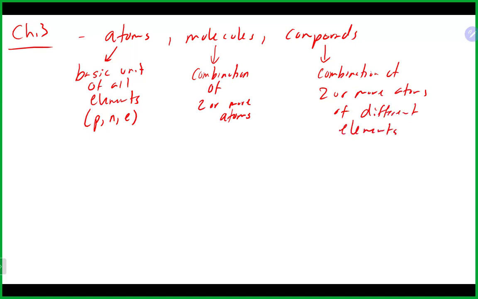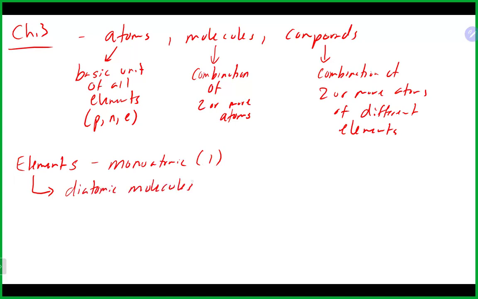And remember that when we talk about elements, most of the time they are monoatomic, which basically means they come as ones. But there are some elements that are diatomic molecules. Again, that list is hydrogen, nitrogen, oxygen, iodine, bromine, chlorine, and fluorine, going up the group there instead of down.